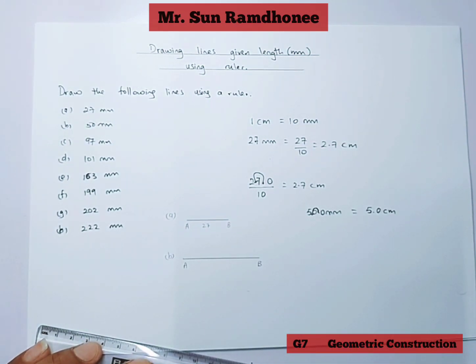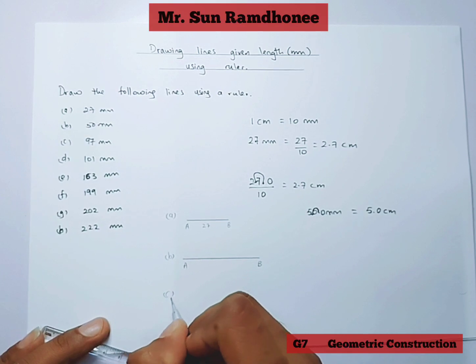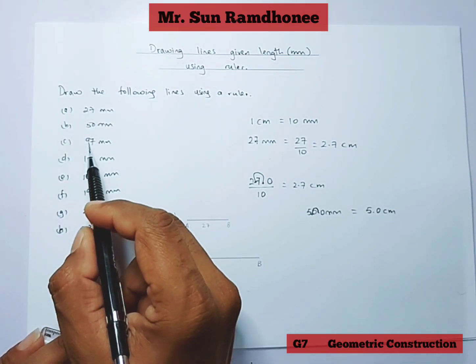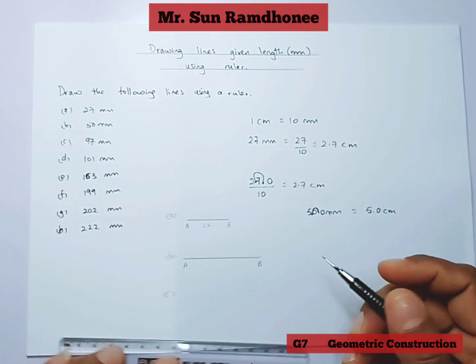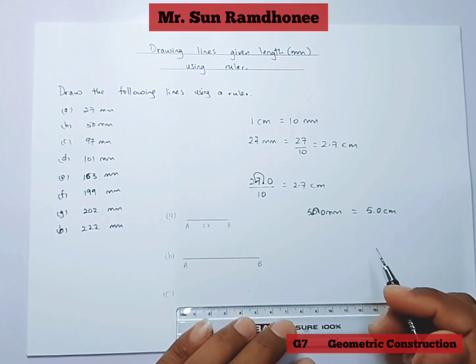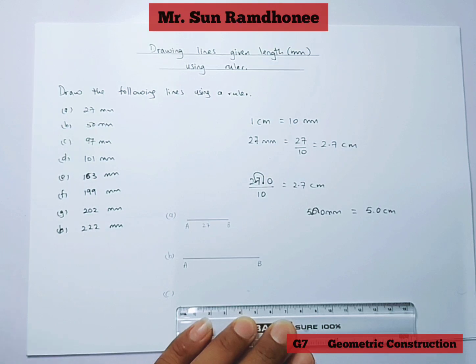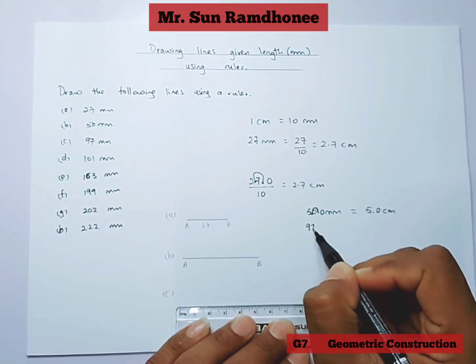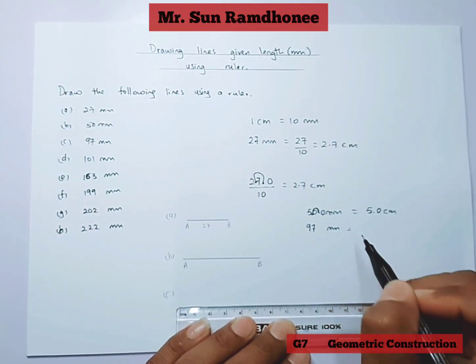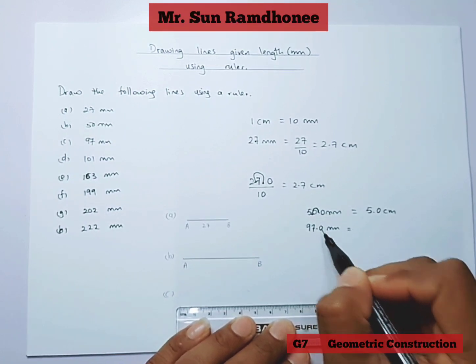Next we have C. We have 97 millimeters. Again, we start from one dot, and then 97 millimeters is equal to 97.0.